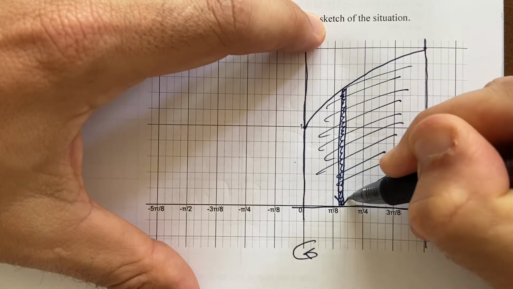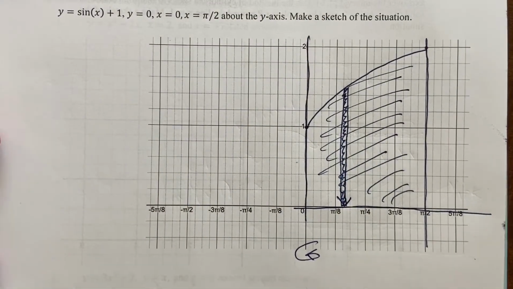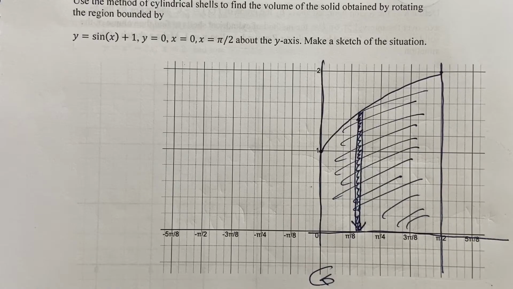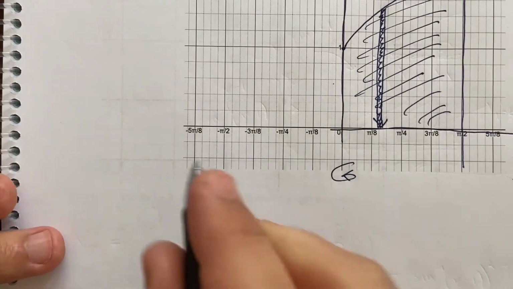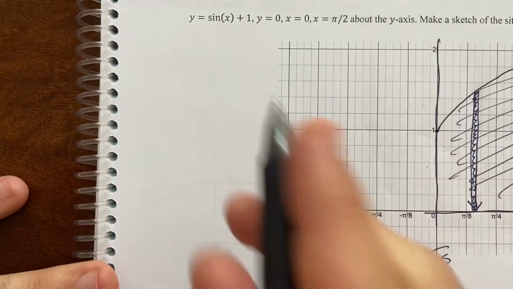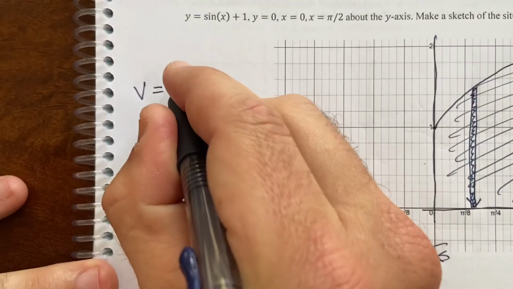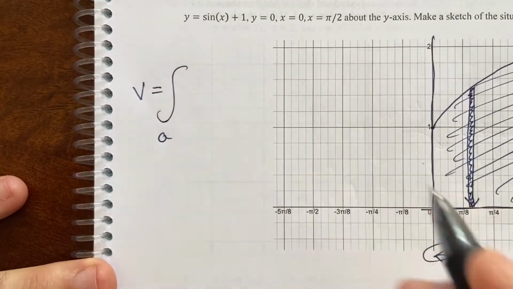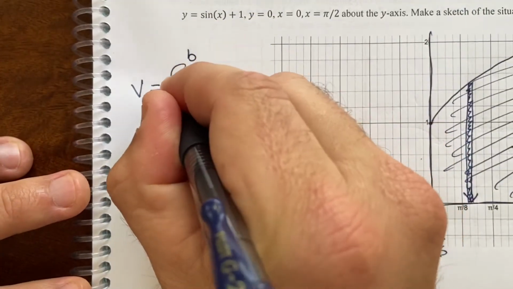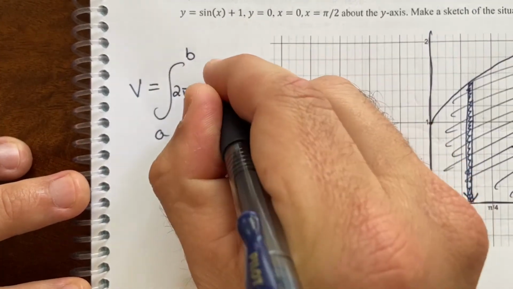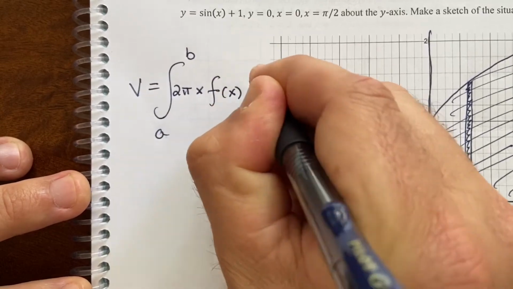This is pointing at the x-axis, which tells me that I'm going to need to integrate across x instead of y. So the method says the volume is from a to b, we'll go from 0 to pi over 2, and then it's 2 pi times x times f of x dx.